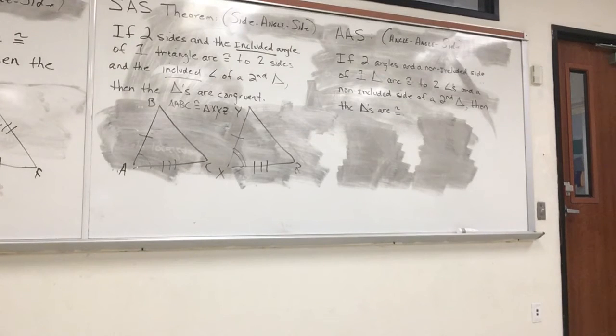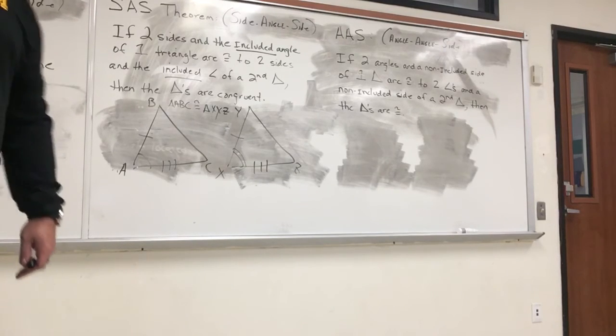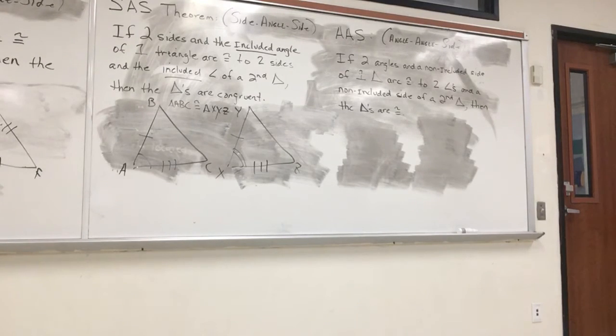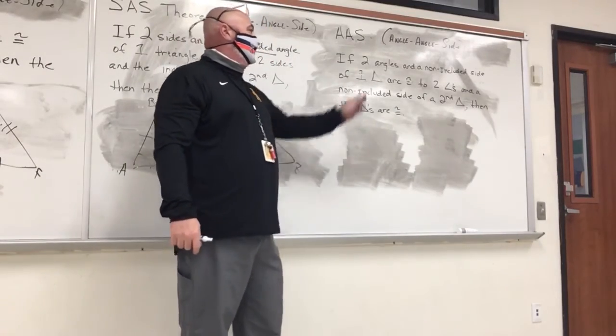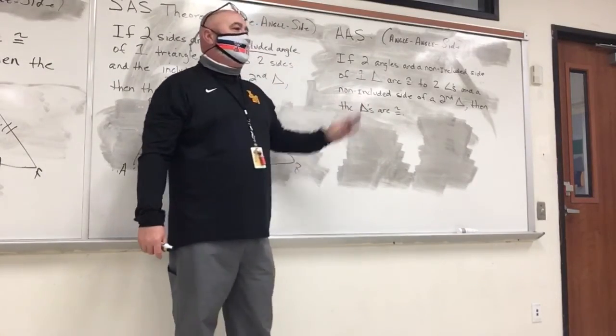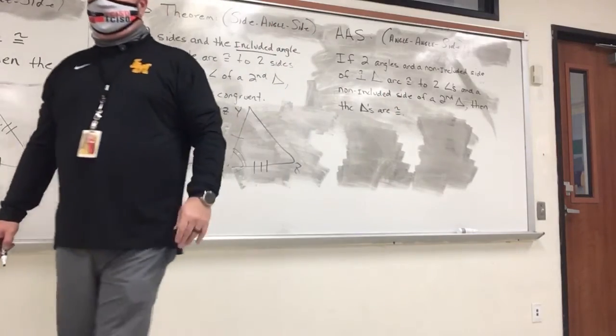Now pay attention to these words. It says if two angles and a non-included side. So is that side going to be between the two angles now? No, it is not. If two angles and a non-included side of one triangle are congruent to two angles and a non-included side of a second triangle, then the triangles are congruent.